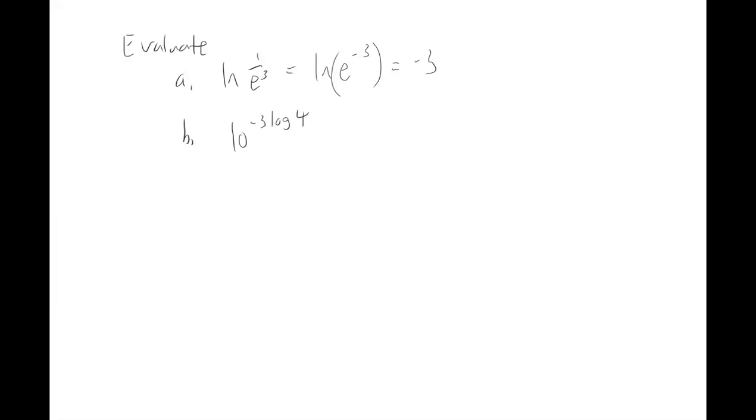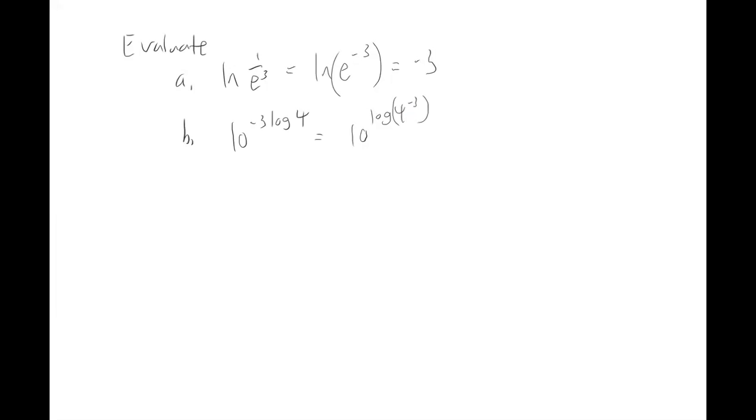Yeah, it's 1 over 64. Is 4 cubed 64? Yeah, it's 1 over 64. So here you see you can't really evaluate it directly, because, I skipped a step, but this is log of 4 to the negative 3, right?